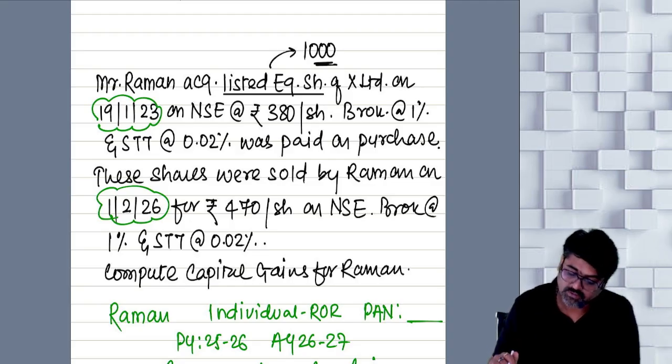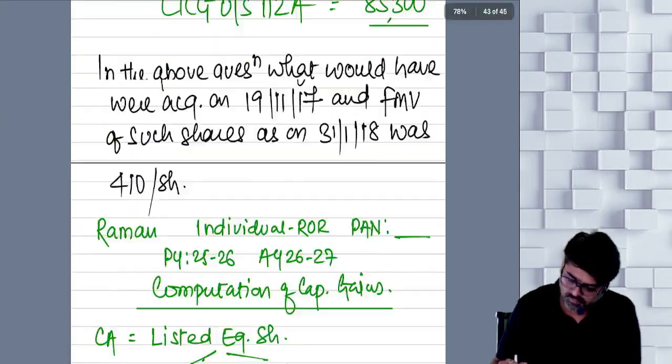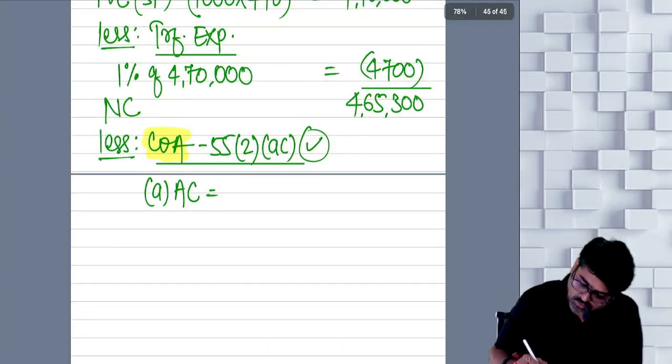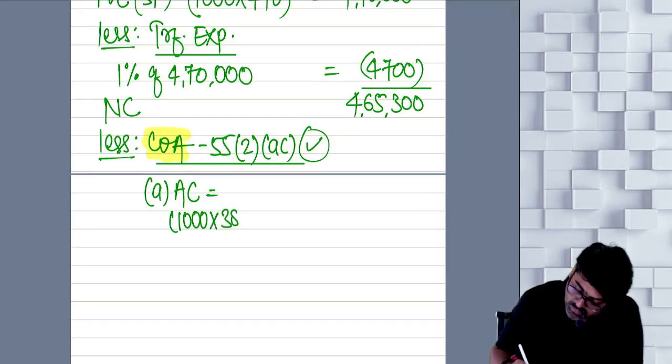So 380 plus 1%, 3.8. It will be 383.8 into 1000. So 1000 shares into 380 plus 1% brokerage will give you how much?